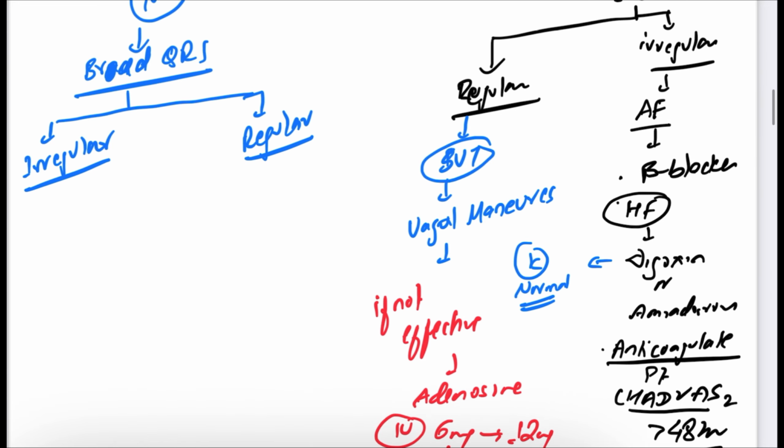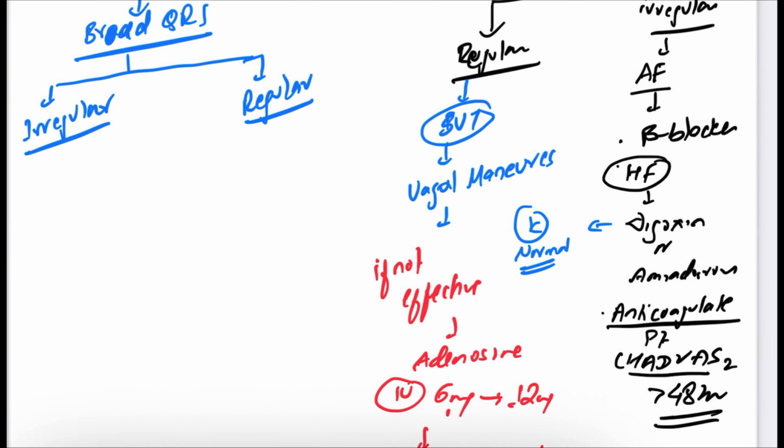If there is a broad complex QRS which is irregular, then it can be AF with bundle branch block. Previously there was bundle branch block, and now the patient is suffering from atrial fibrillation. Or it can be polymorphic VT.